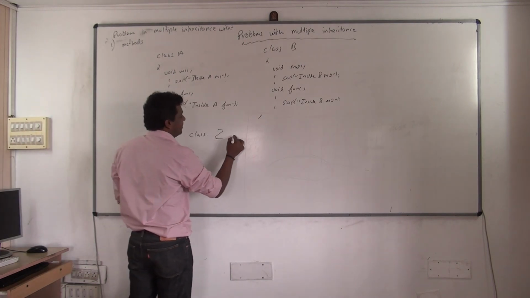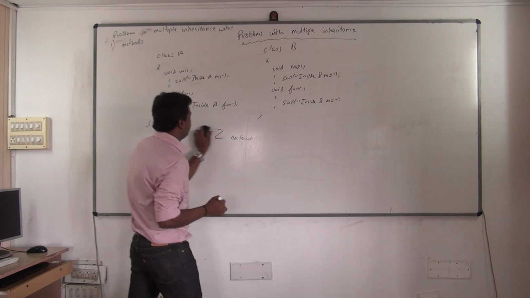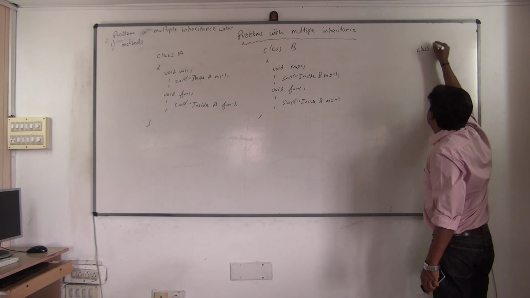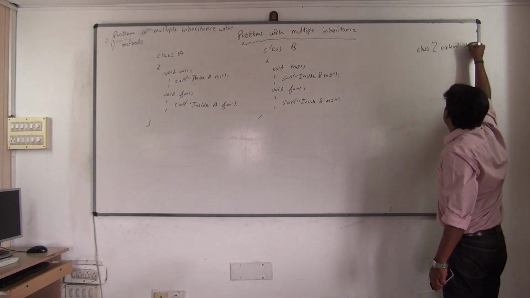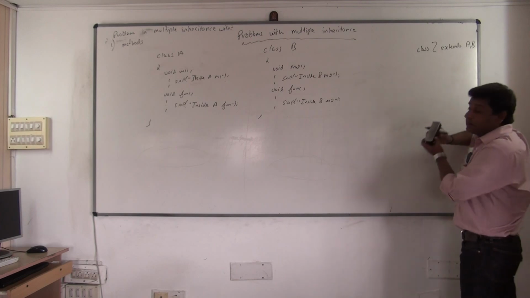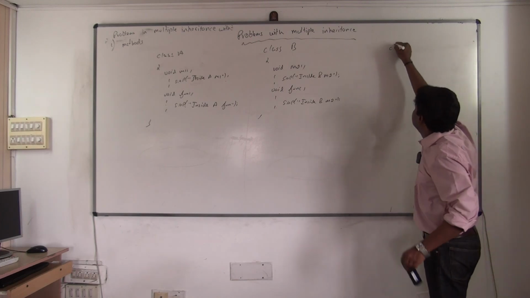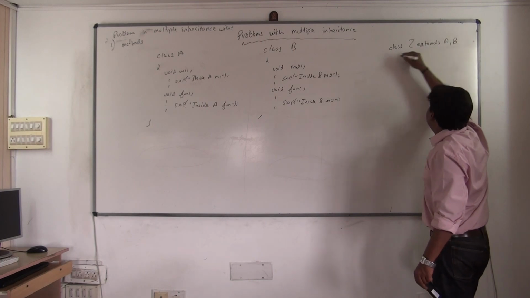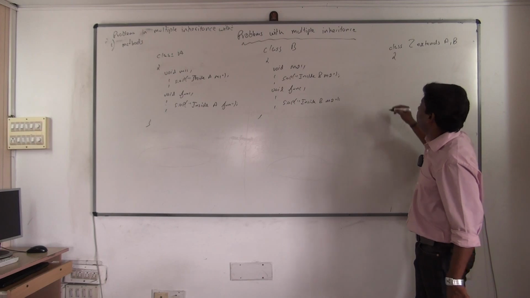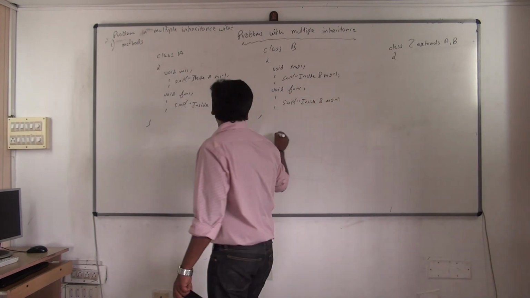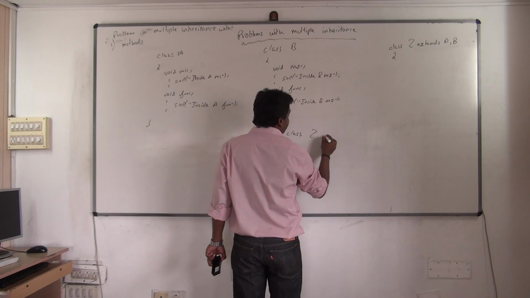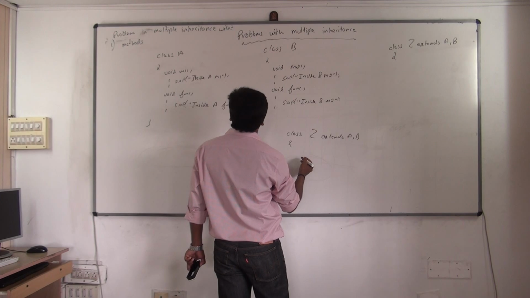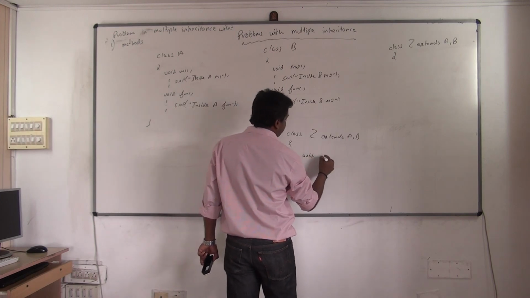Supposing class Z extends A, B. It can have an extra member, for example void meth.